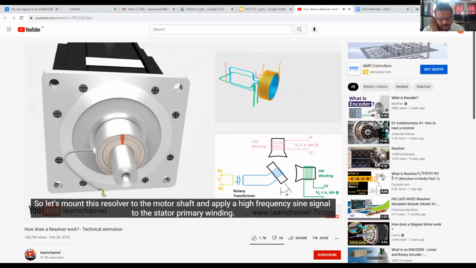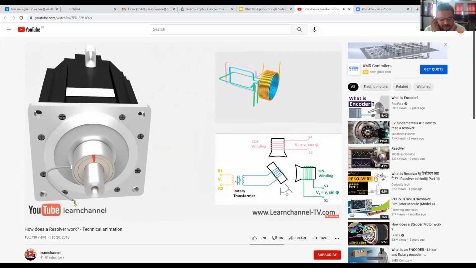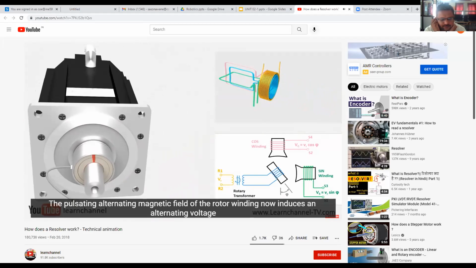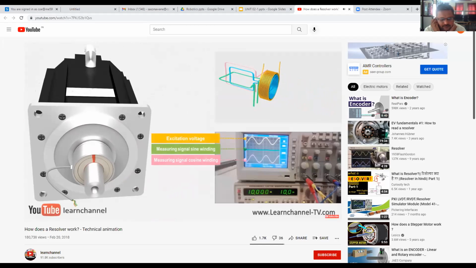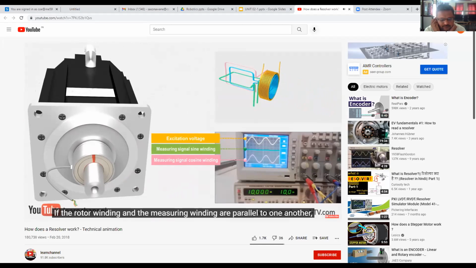So let's mount this resolver to the motor shaft and apply a high-frequency sine signal to the stator primary winding. The pulsating alternating magnetic field of the rotor winding now induces an alternating voltage in the measuring windings, sine and cosine. Their amplitudes, however, depend on the angular position of the rotor.